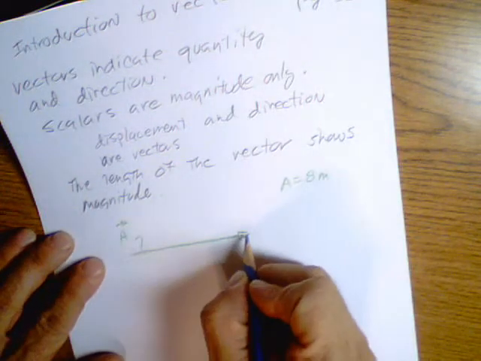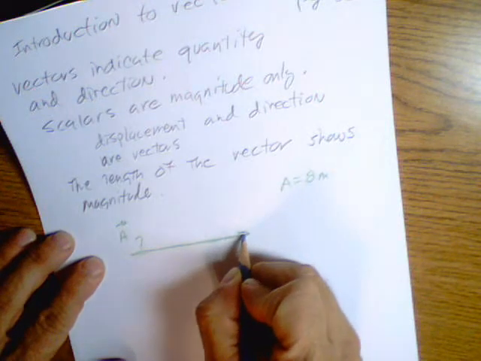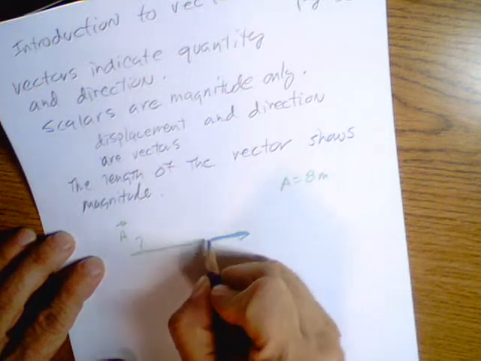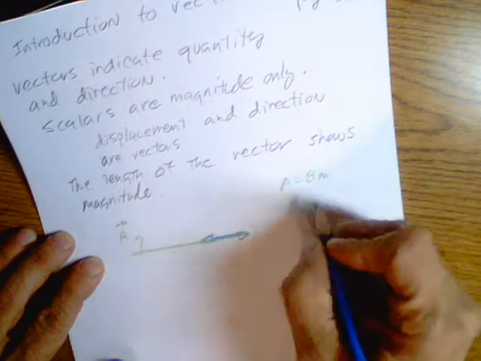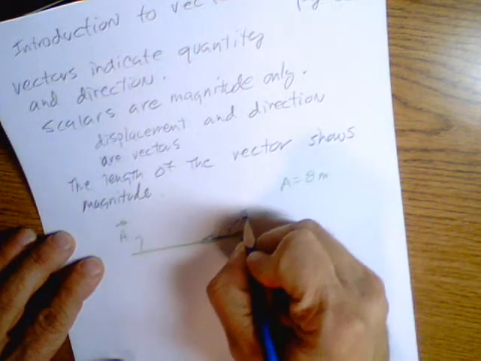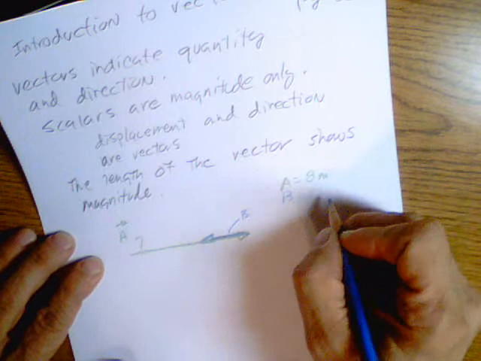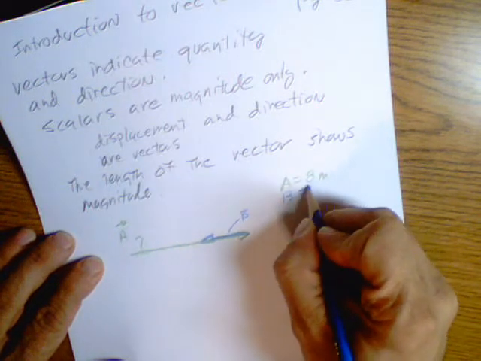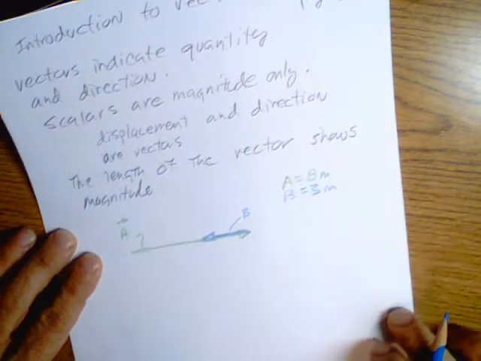And then we have another vector, and we'll call this one B. We'll say that one is 3 meters.